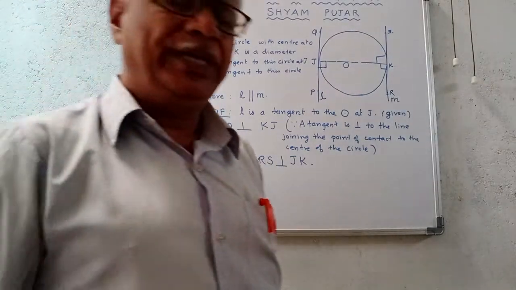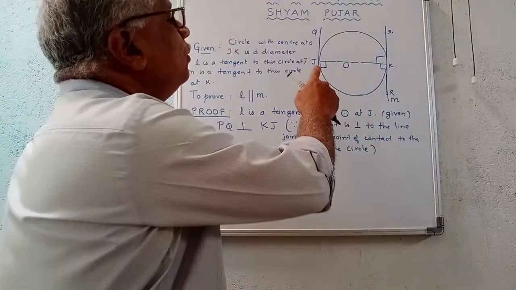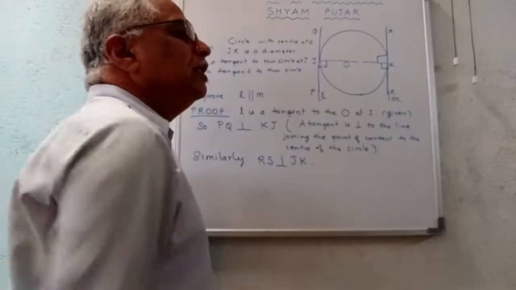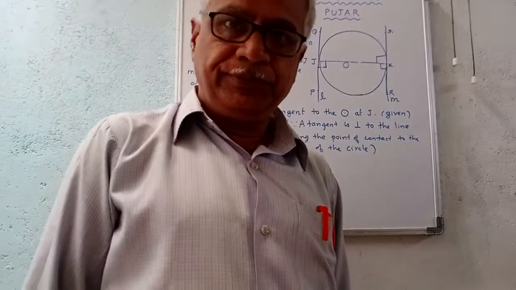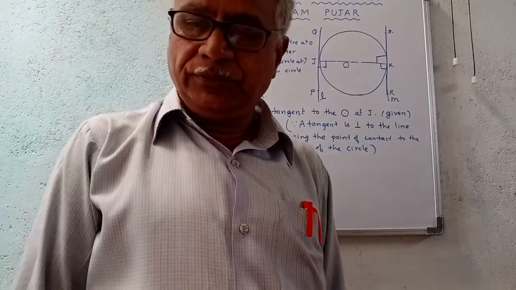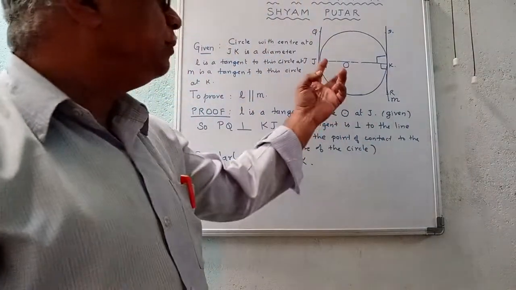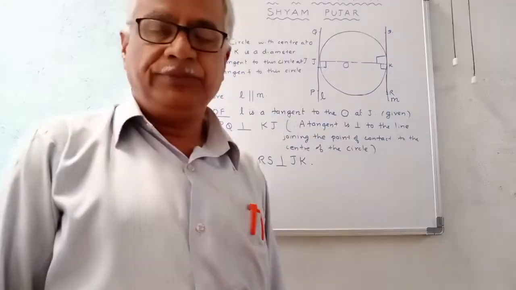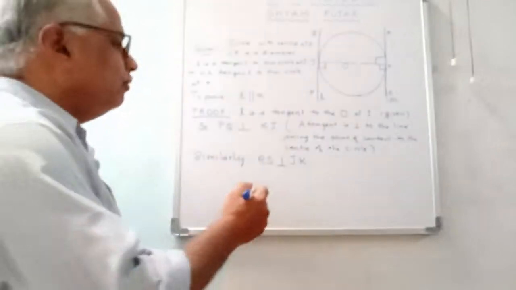So we can take any one of the two. If you take these opposite angles, they must be equal. Or if you take this pair, they should be supplementary. Okay, so let us go by one of them.